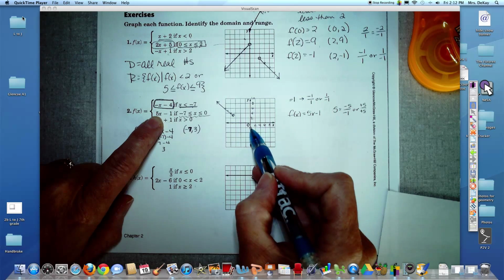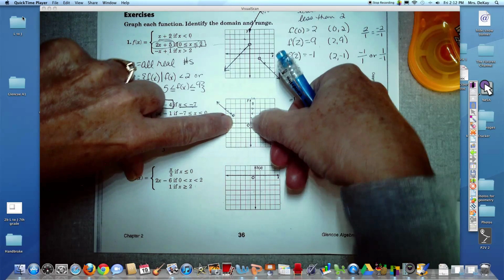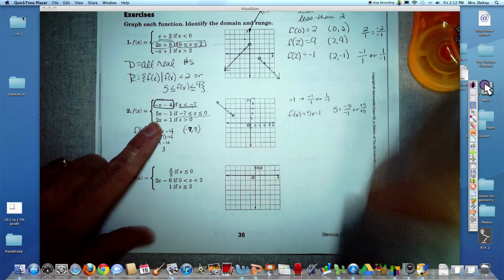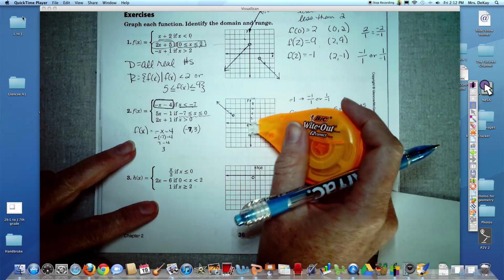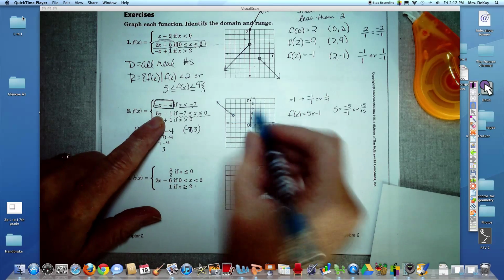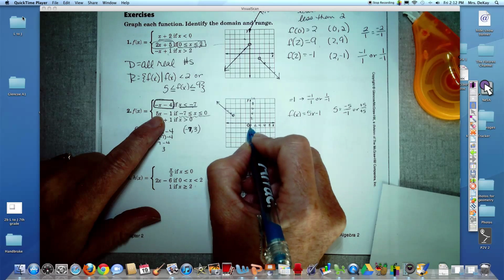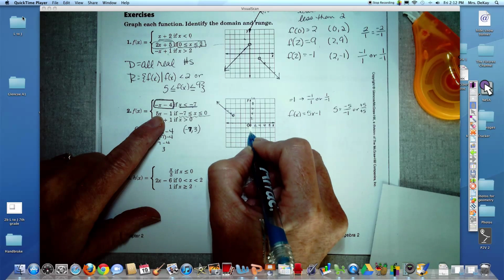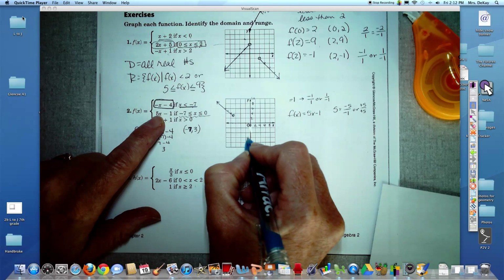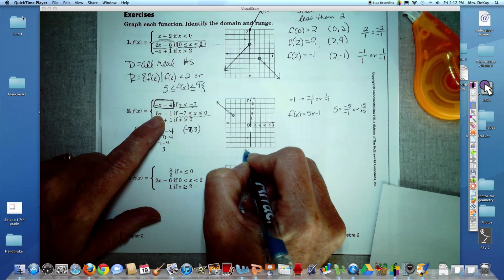And we realize if we went 5 over 1, we're not going to be in this interval. You have to move your little dot up halfway. Oh, thank you. That's 2 screw-ups in the last minute. Okay, so from here we're going to go down and to the left. Down 5, 1, 2, 3, 4, 5, and to the left 1.